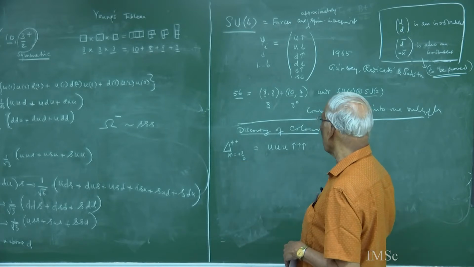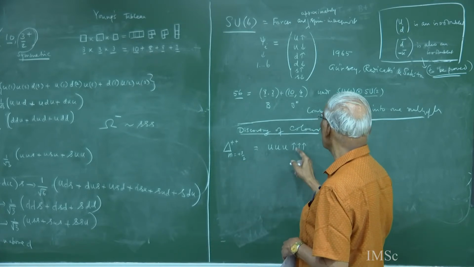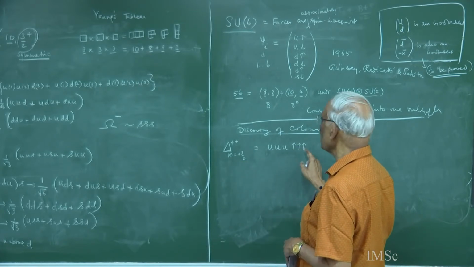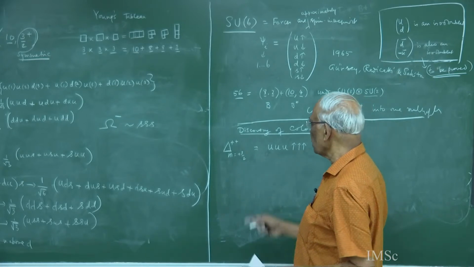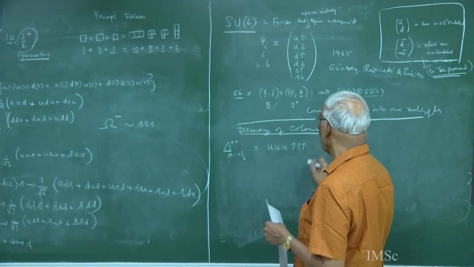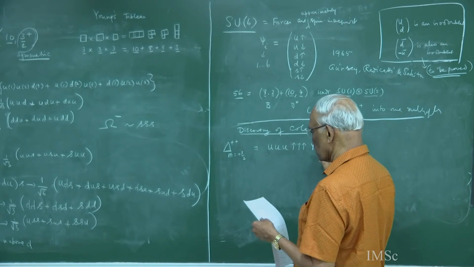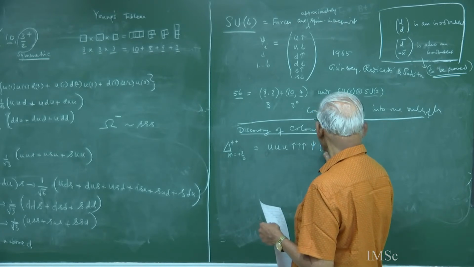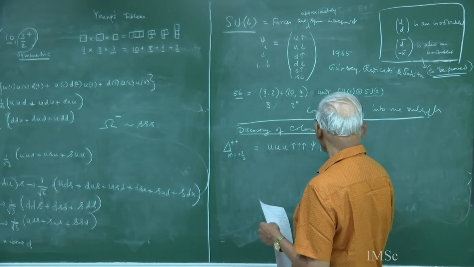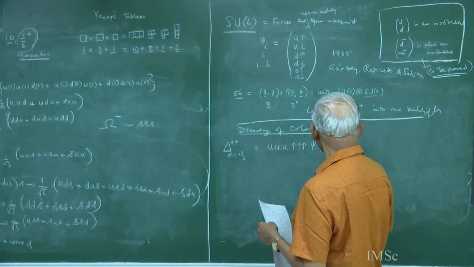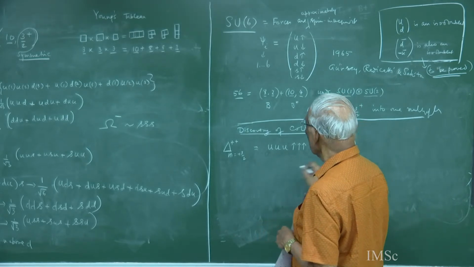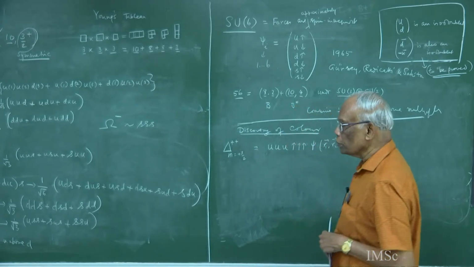The magnetic quantum number plus 3/2 is obtained by putting plus half, plus half, plus half together, all pointing in the same direction. Then the spatial wave function, I will call it psi, which is a function of the 3 spatial coordinates. So, this is a complete quark wave function, the 3 quark wave function composing the delta plus plus object.